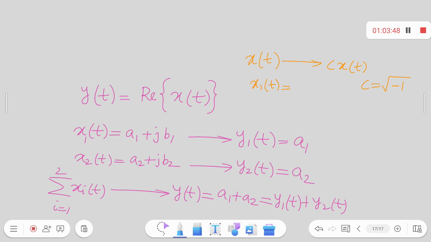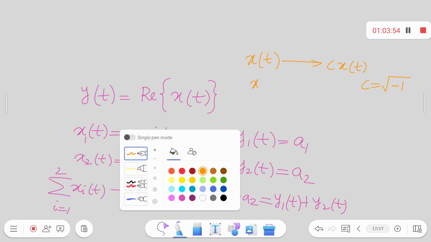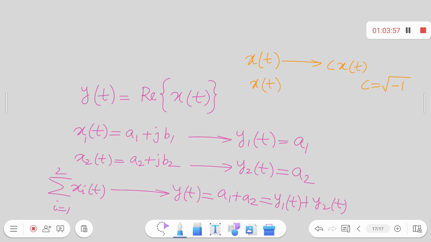Or rather, I should write x(t) only because there you have only one here. Make it x(t) only. So what is that? X of how much? Minus b1 plus j times a1. Isn't it? Minus b1 plus j times a1.